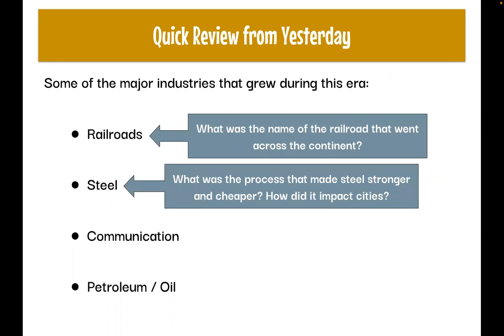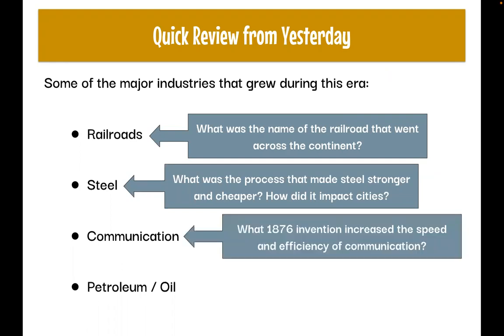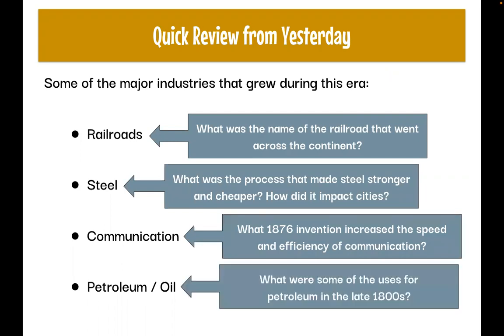For steel, you need to be able to answer what the process was that made it cheaper and stronger and what impacts it had on cities. What invention increased the speed and efficiency of communications? And now the use of petroleum and oil and some of the uses during that time.